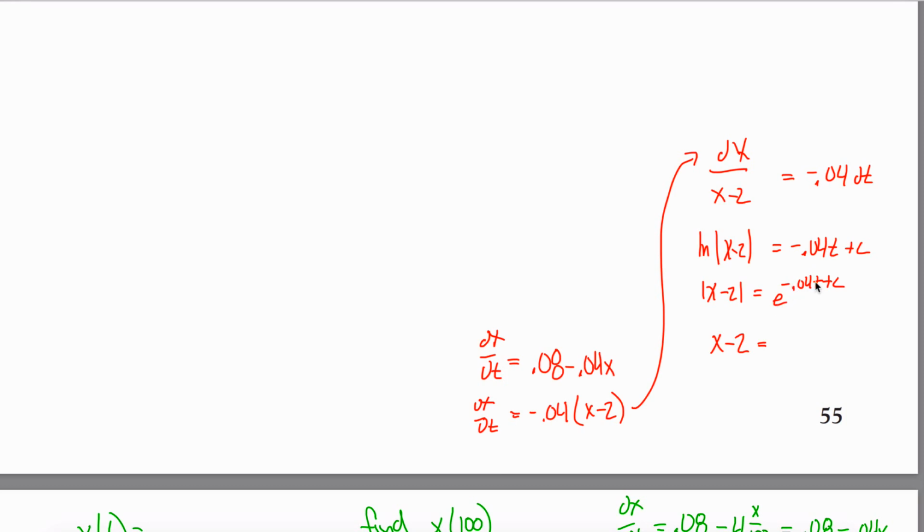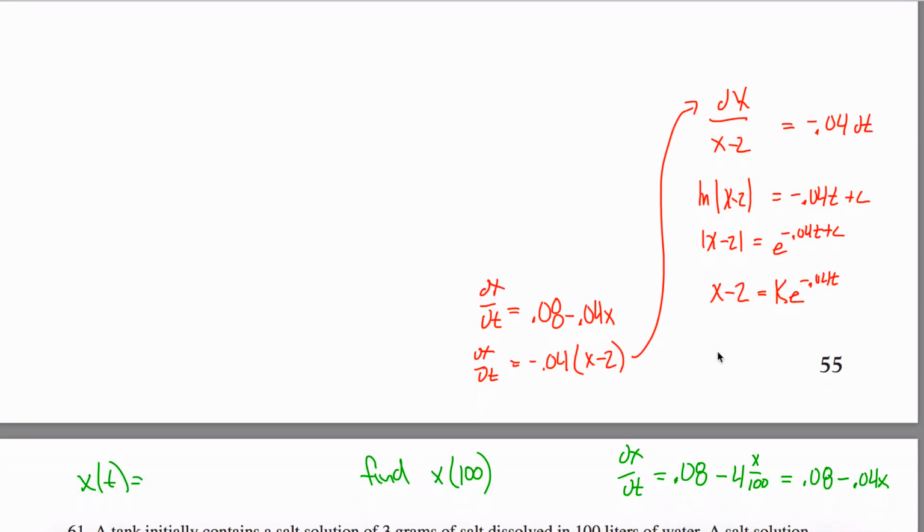I have e raised up to some power plus something else, I can rewrite that as e raised up to negative 0.04t times e raised up to the c power. But e raised up to the c power, I can write as just a constant k. Okay, so how do I figure out what my constant k is equal to?